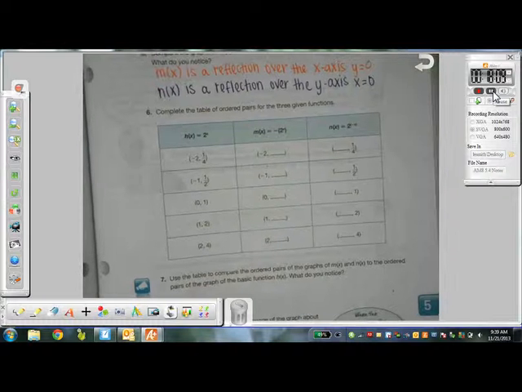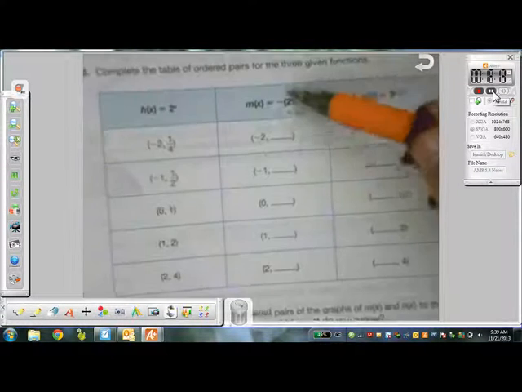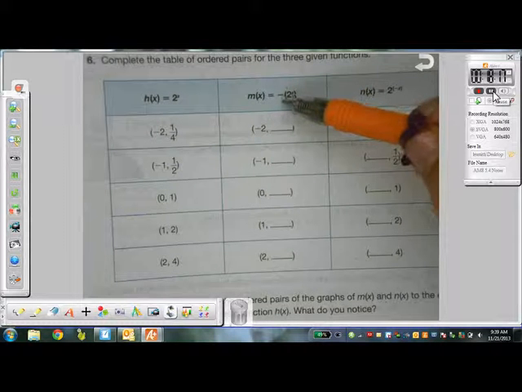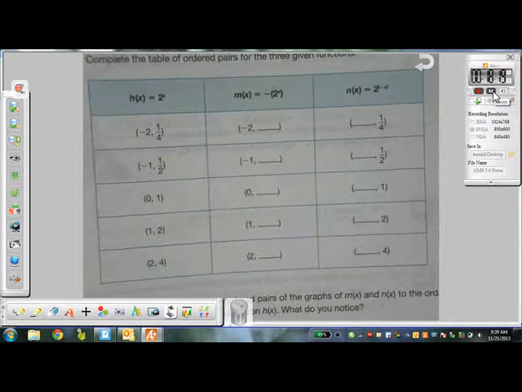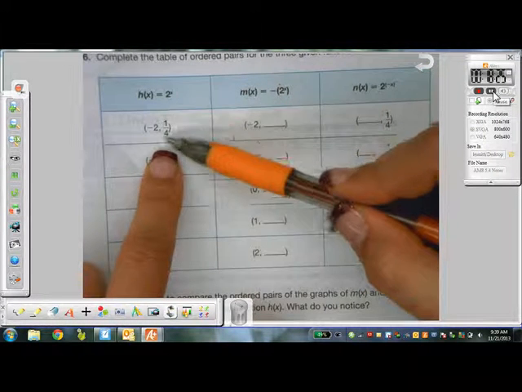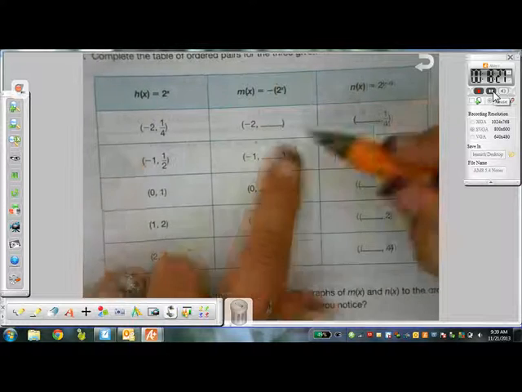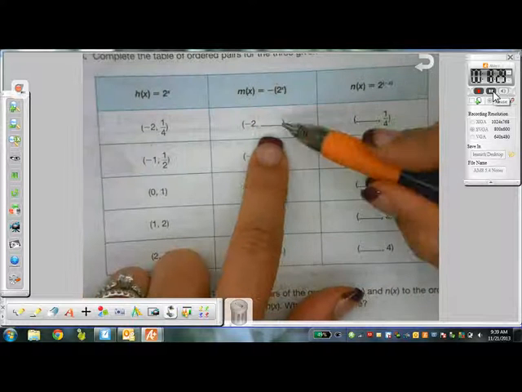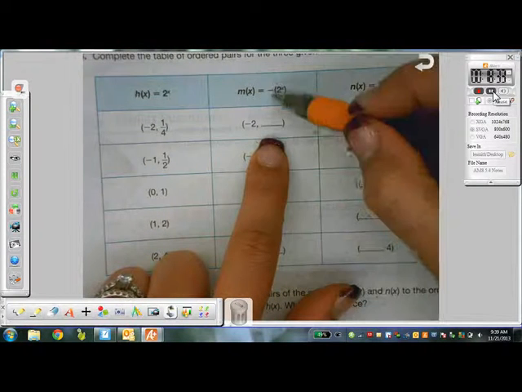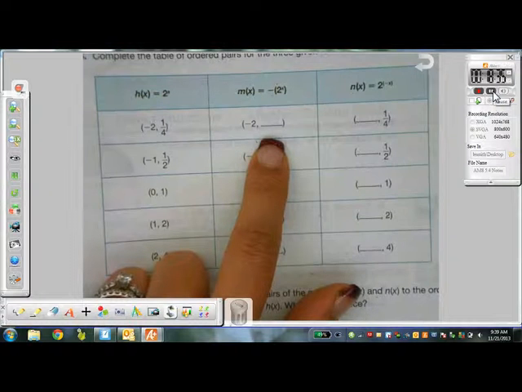If I took the result from h of x, 2 to the power of x, and I made the result or the answer negative, does that affect the x's or the y's? The y's, right? So if I had negative 2, in my base function it was 1/4, what would that be in my orange one, m of x? If we made it negative, the answer comes out negative, so what would it be? Negative 1/4, right?